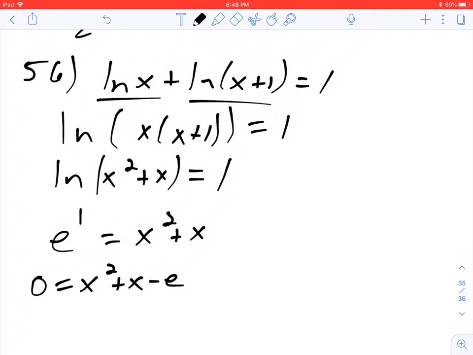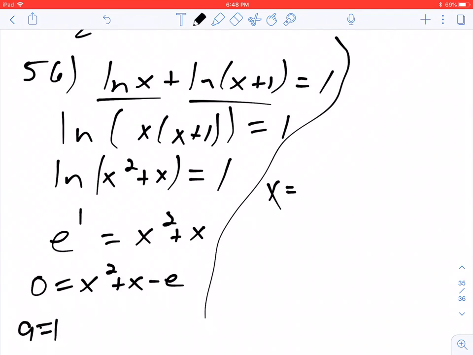Now, this is a quadratic equation that you would like to be able to factor, but you can't. So you have to use the quadratic formula for this one, which is x equals, and I'm going to go back a second. Identify A. A is 1 in this one, B is 1, and C is actually negative e.